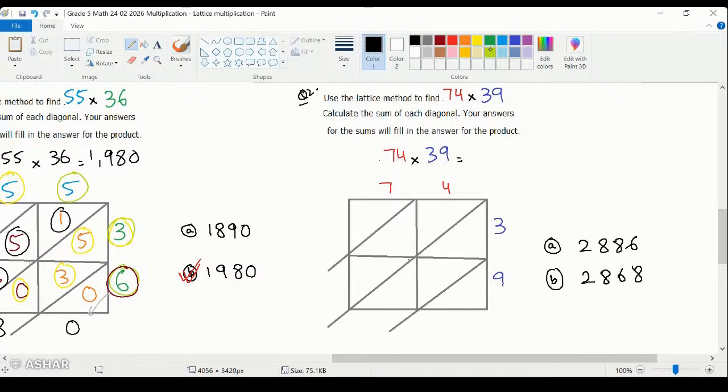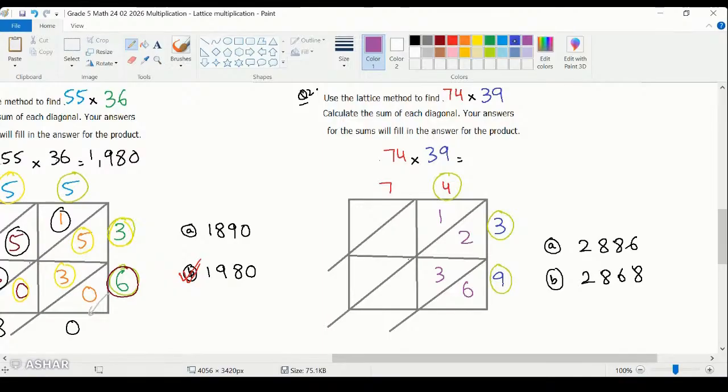What we need to do is 4 multiplied by 3 becomes 12. We write 12. 4 multiplied by 9 is 36. I'll just wait for your answers. I will not add them before that. Okay.